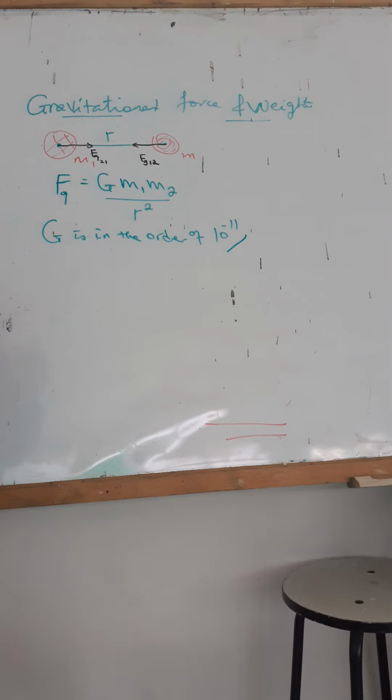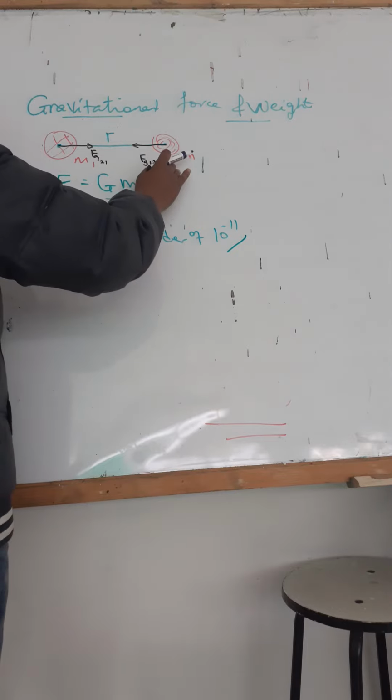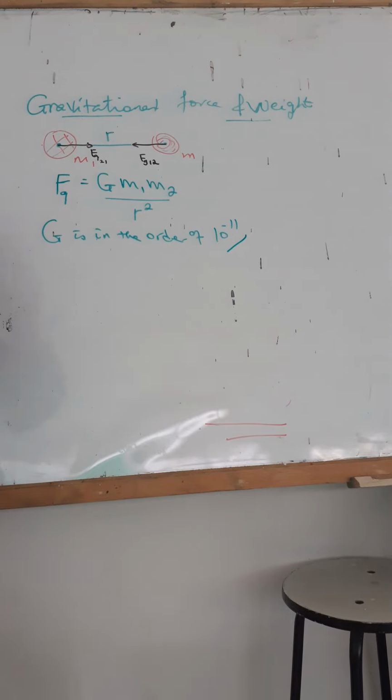The point here is whether this mass is too big and this too small, or vice versa, or they are equal or approximately similar in mass, the forces are always going to be equal. Okay? That's because they are action and reaction.